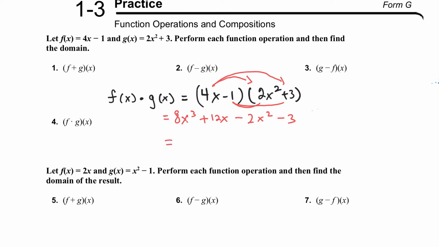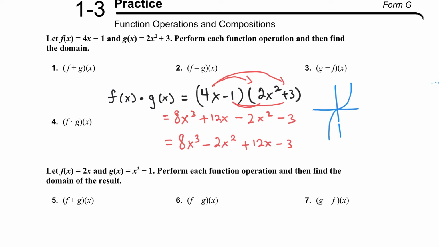You want to make sure that you're writing it in the correct order. So in descending order of the exponents, you have 8x to the third power minus 2x squared plus 12x minus 3. I'm going to go ahead and give you a sketch of this graph.